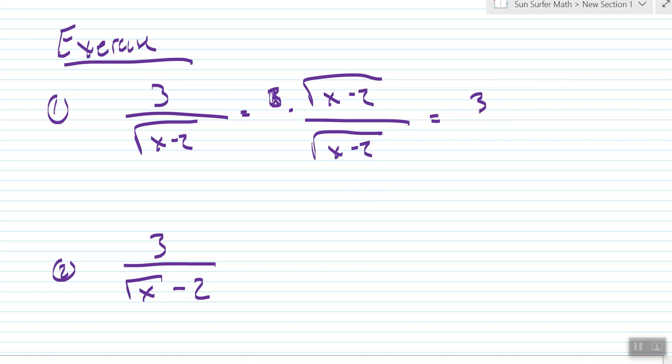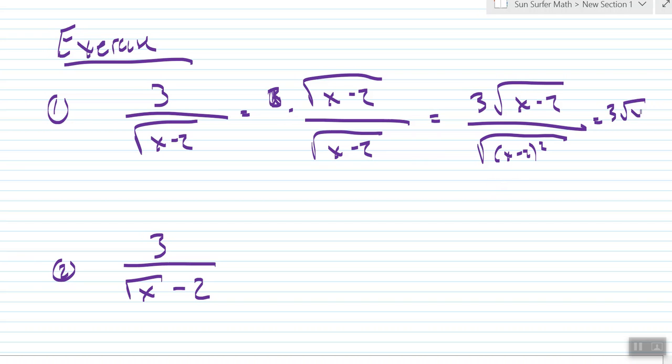In the numerator, we end up with 3 times the square root of x minus 2. In the denominator, we're going to end up with the square root of x minus 2 squared. And once again, this then just becomes 3 radical x minus 2 over x minus 2. So just like in the previous examples, whatever this is underneath the radical sign, that's what we're going to end up with over here.